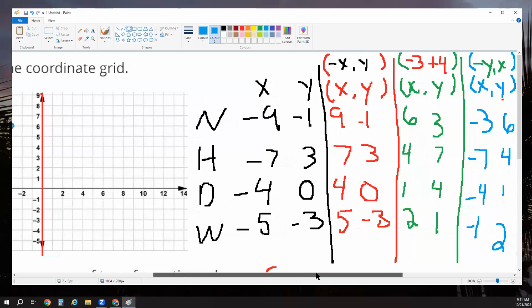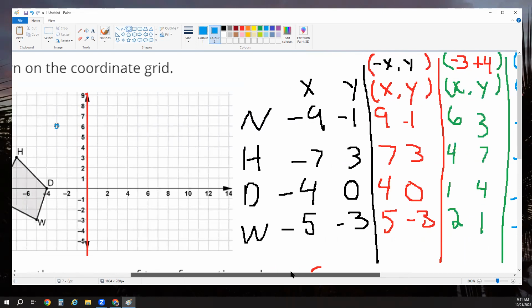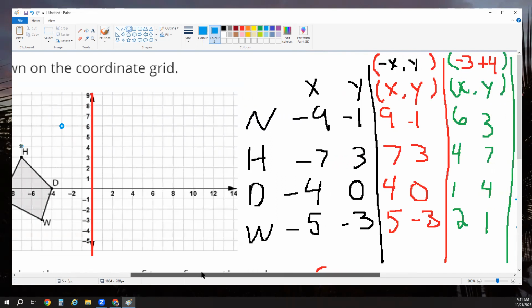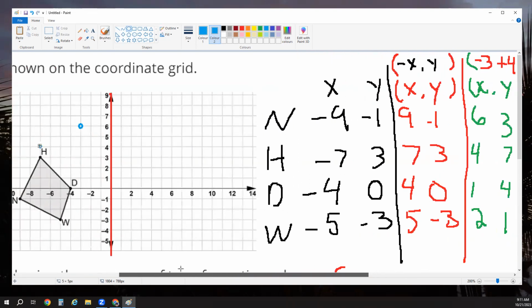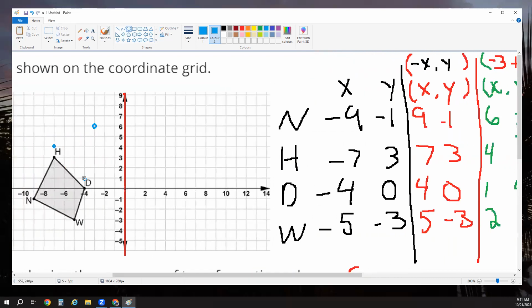My next one is -7 and 4. Next one after that is -4 and 1, and then -1 and 2.